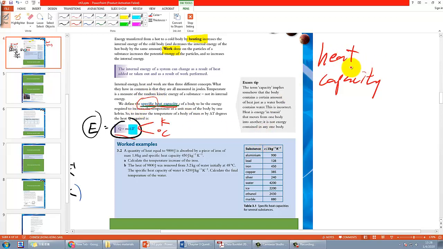So we would use the symbol big C to represent heat capacity, while specific heat capacity is small c. If you ask me to use an equation to represent it, it could be big C equals m times small c. So you can see that heat capacity means you have already factored in the mass of the object. Let me give you an example.